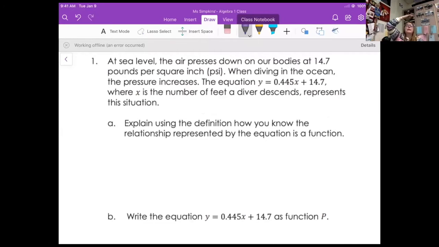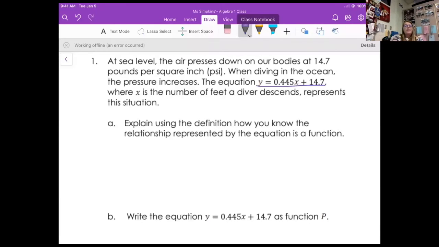That's why people that scuba dive can't be down there for more than a certain amount of time, because the pressure can get so heavy that serious injuries could happen. So as you go further underwater, the pressure gets more and more. So this equation represents the pressure that happens the farther you go down under the water.